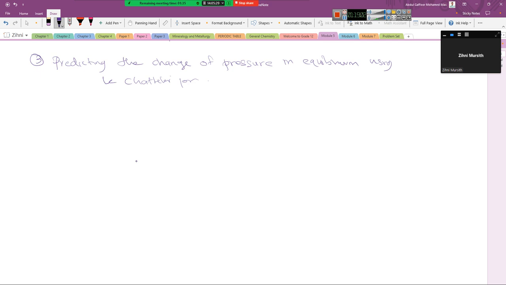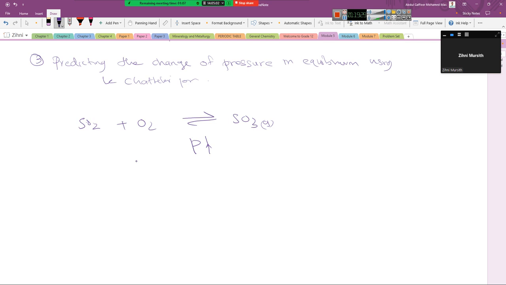So here I am going to take the same example, SO2 plus O2 gives you SO3 gas, right? So now when we increase the pressure, we don't need to bother whether the reaction is exothermic or endothermic. Now we have to count the number of moles of each reactant and product, right?